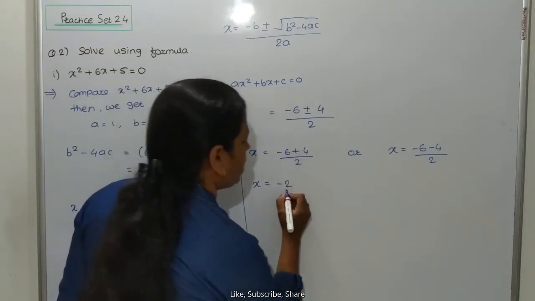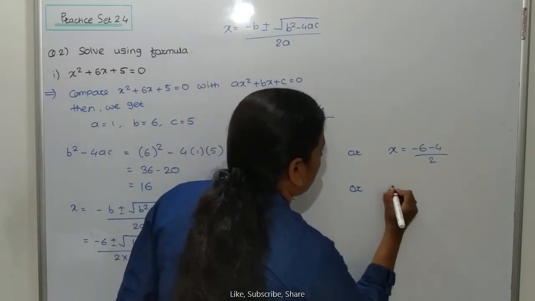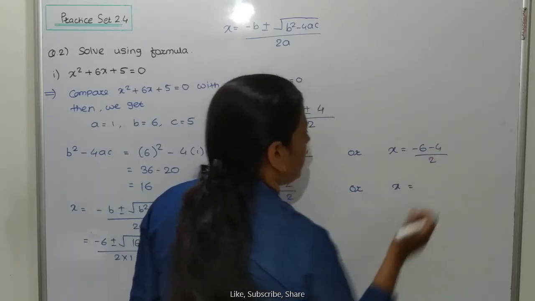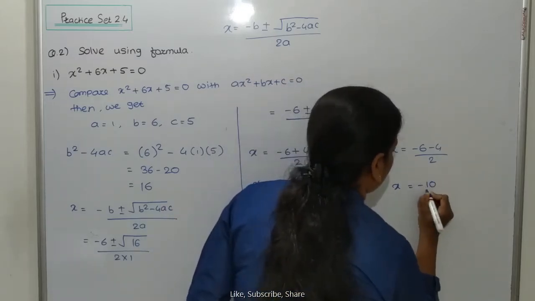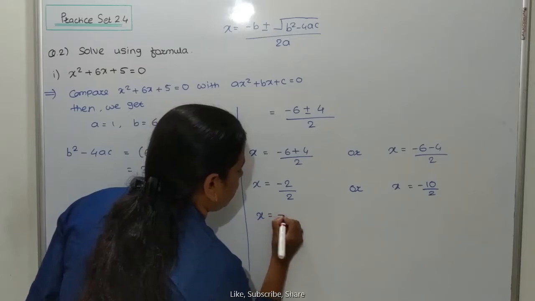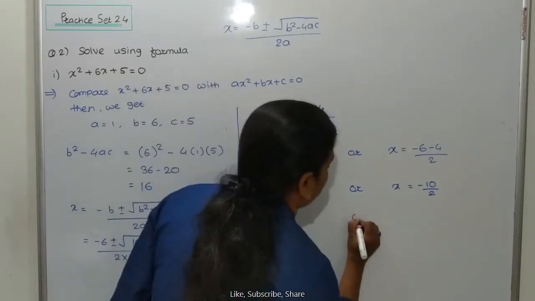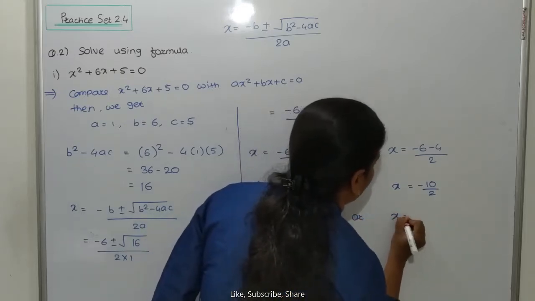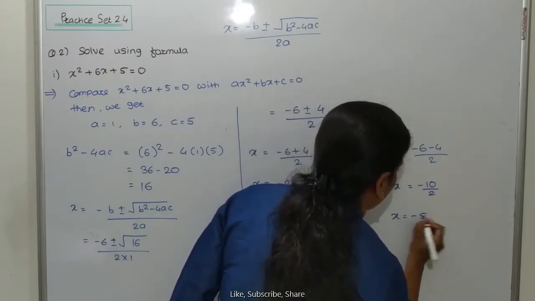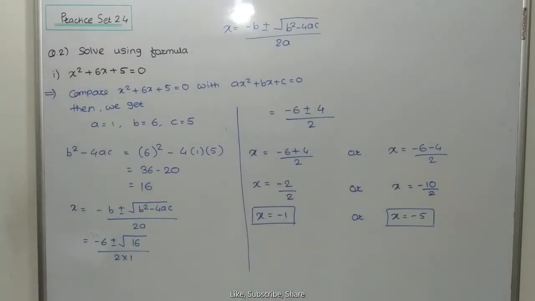Remaining here, that is minus 2 upon 2. Or x is equal to minus 6 minus 4, that is minus 10 upon 2. So this one is x is equal to minus 1. We have to get this value. X is equal to minus 1 or x is equal to minus 10 by 2, so minus 5 is there. That means we have to get here x is equal to minus 1 and x is equal to minus 5.